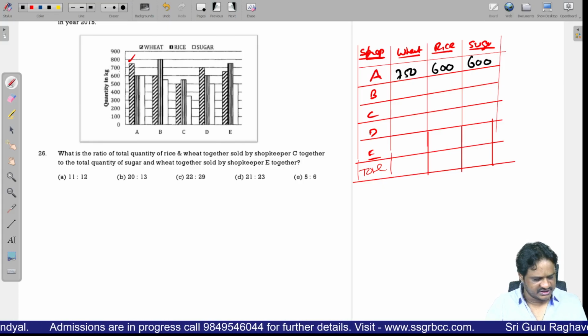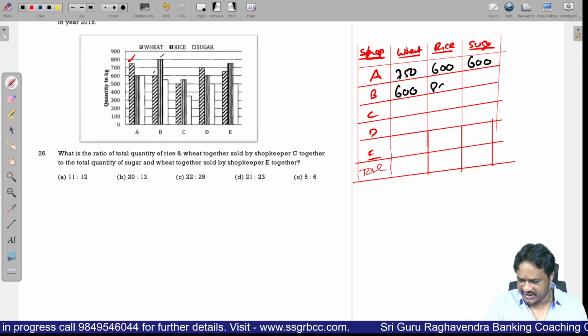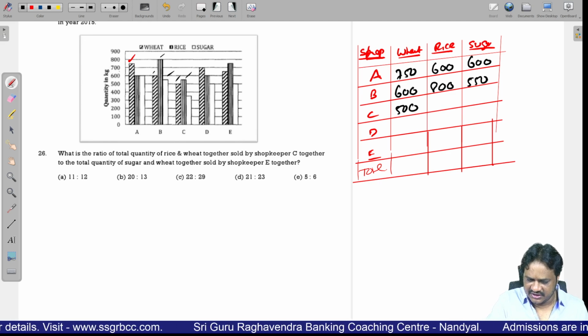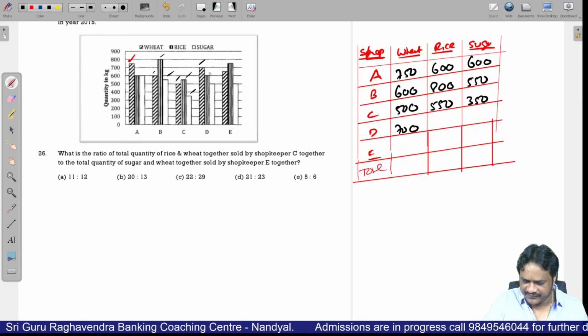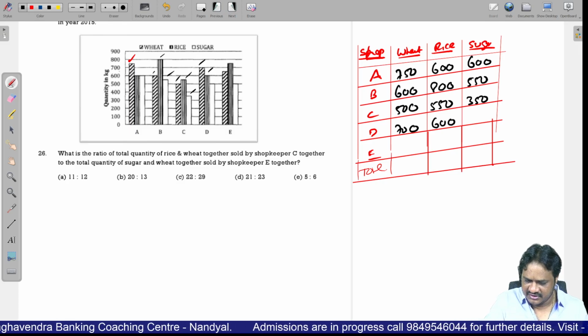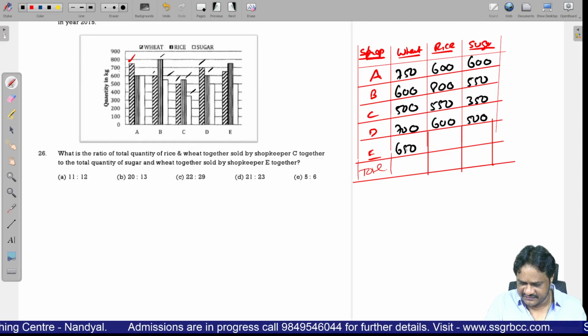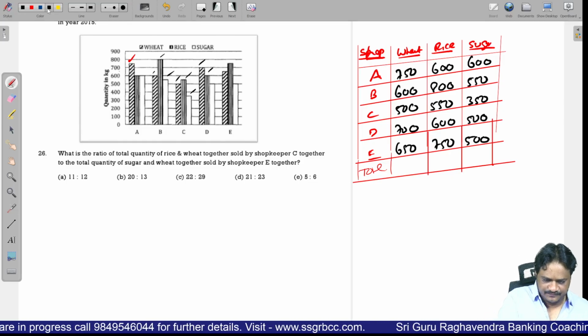Come to B: the first one is 600, this is 800, and this one is 550. Come to C: this is 500, then the next one is 550, the next one is 350. Next, D: this is 700, this one is 600, this one is 500. Last one, E: 650, 750, and last one, 500.